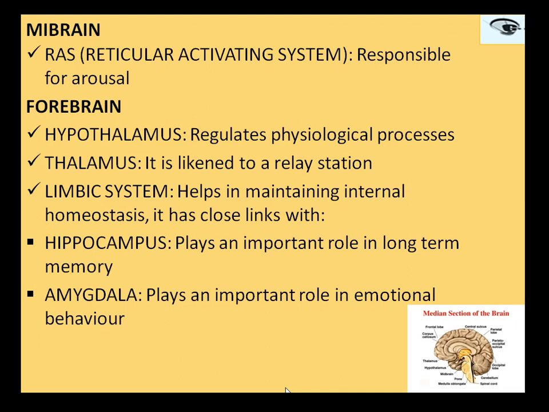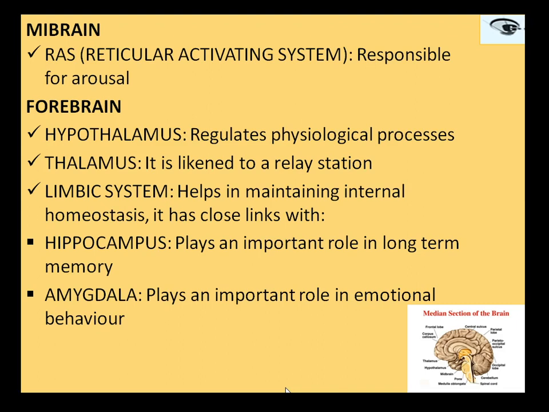Then we have the limbic system. Limbic system, if you see, it is helping us maintain the internal homeostasis by regulating the body temperature, the blood pressure, the blood sugar level, and also it has close links with these two important parts, hippocampus and amygdala.